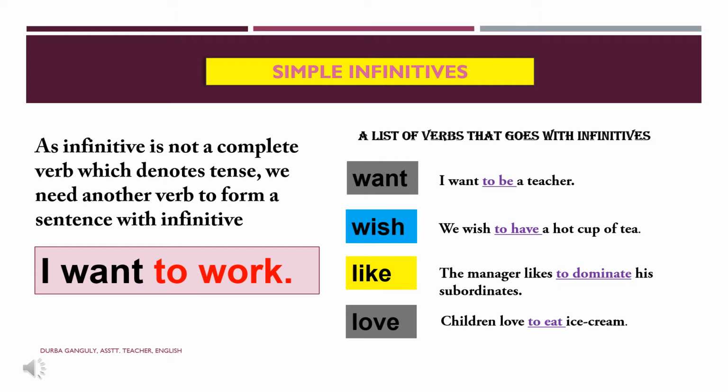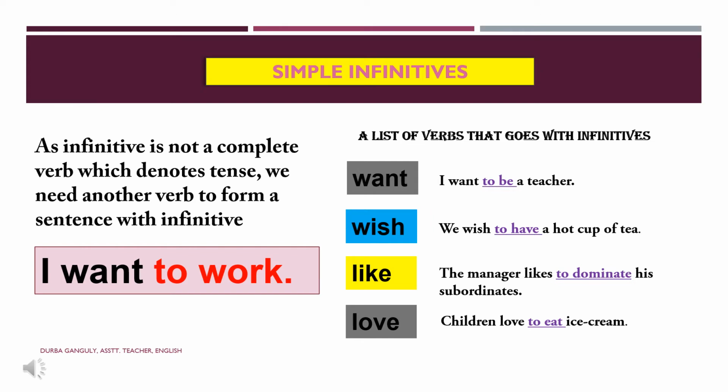So let us just list some verbs that go with infinitives. Before infinitives, we put those verbs and make a complete sentence with infinitives. Like want: I want to be a teacher. Wish, as I have just mentioned, here is another example with wish: We wish to have a hot cup of tea.